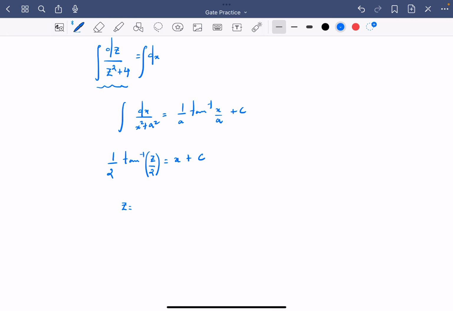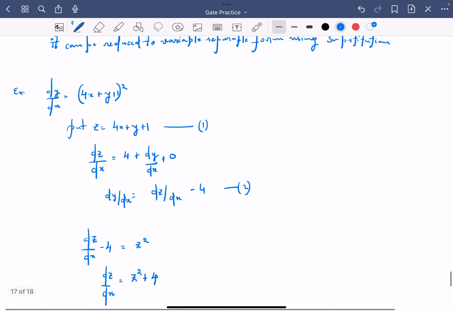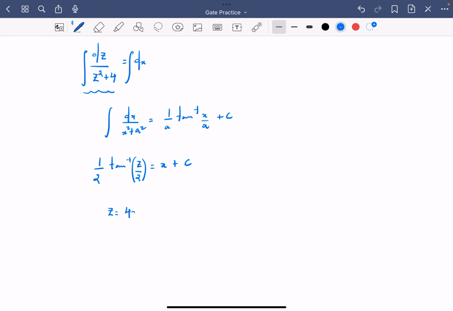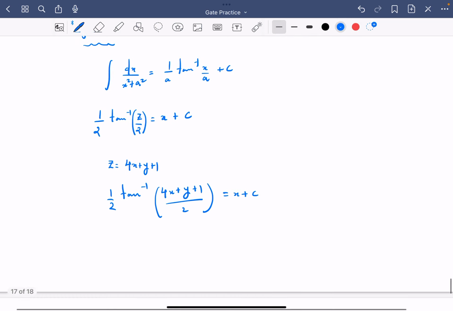Resubstitute z is equal to 4x plus y plus 1. So after resubstitution, this will be tan inverse of (4x plus y plus 1) divided by 2 is equal to x plus c.